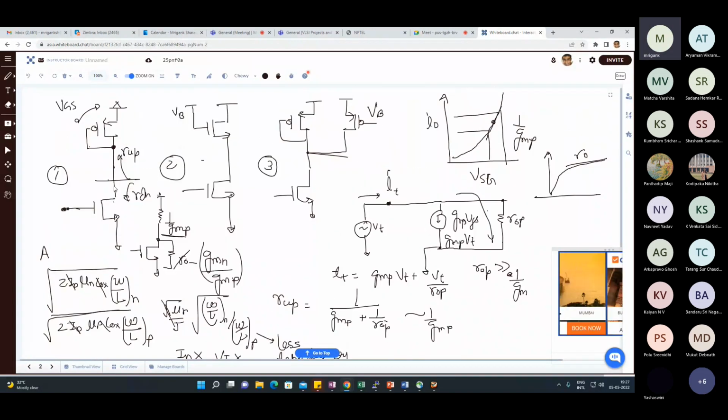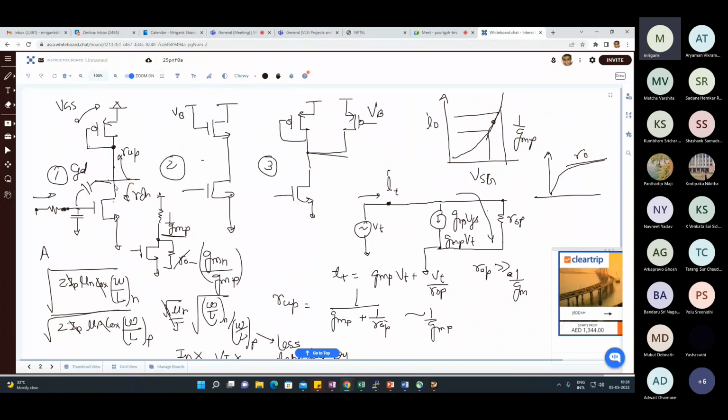Miller effect becomes important if you have an input source impedance, which is generally the case. Nothing is ideal; whatever previous stage is there will also have its output impedance, and therefore the net capacitance at this stage is important. CGD contributes to that and still experiences the Miller effect as in the previous design. But the benefit is that the gain in this configuration is less, so the Miller effect is also less pronounced.